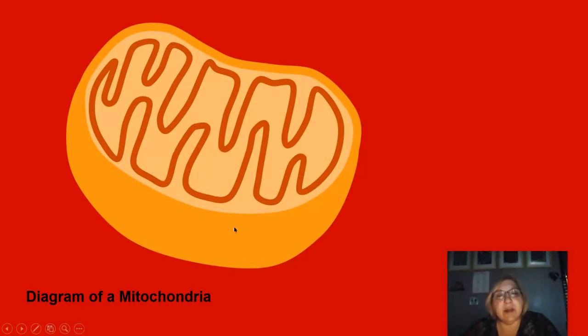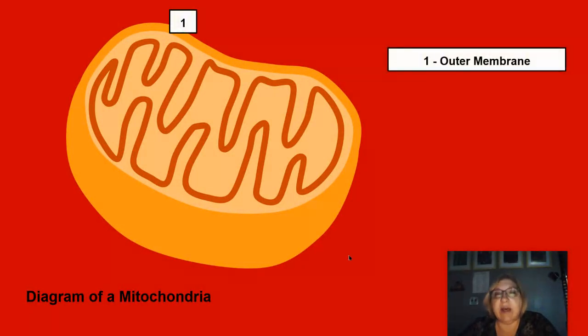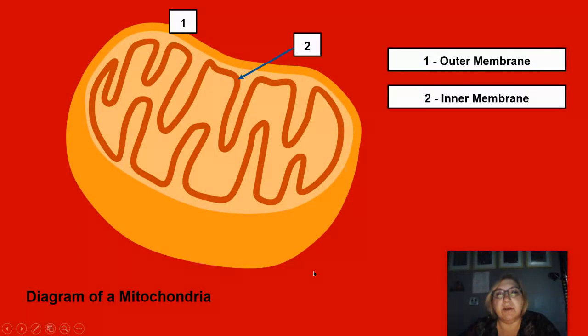Okay, here is a diagram of the mitochondria, which we learned about last semester when we were learning about cell organelles. And everyone always says the mitochondria is the powerhouse of the cell. That's because that's where we use ATP and get energy. So let's look at the parts of a mitochondria. Number 1 is the outer membrane. Number 2 is the inner membrane here.